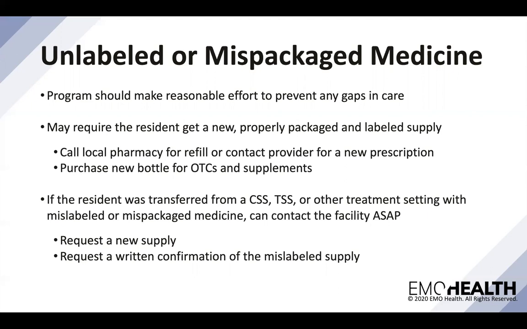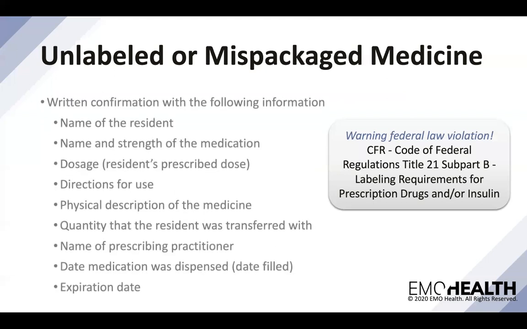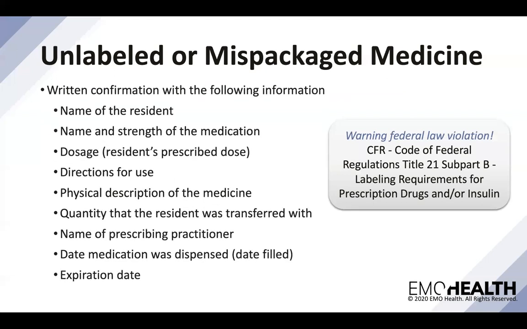If you are requesting a confirmation of what was sent over that was mispackaged or mislabeled, this is what you are going to want to ask for. Verify the name of the resident, full first and last name, the name and strength of the medication, the dosage, so the resident's prescribed dose, the directions for use, and an actual physical description of what that medication looks like.